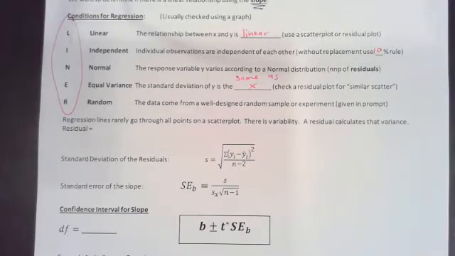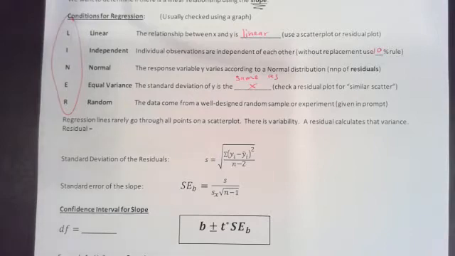So regression lines don't go through all the points on the scatter plot. If they do, it's clearly correlated. There's not really a question if it's a straight line. So there's variability. A residual is what calculates that variance.